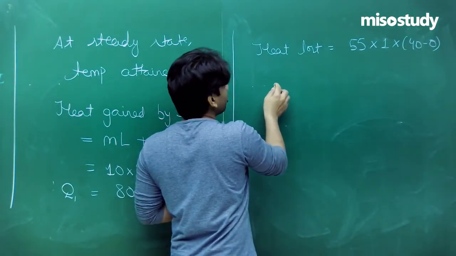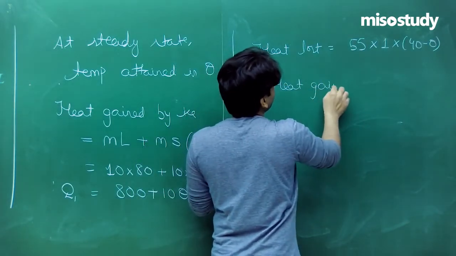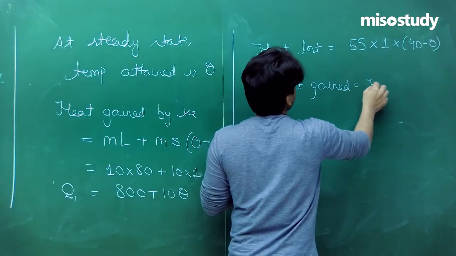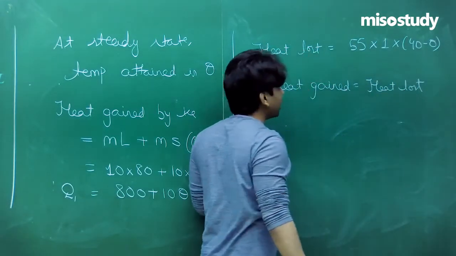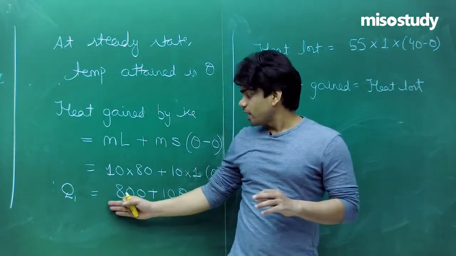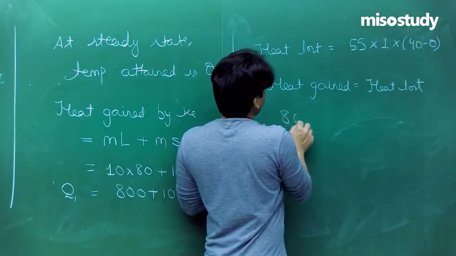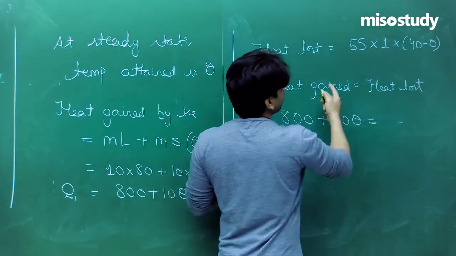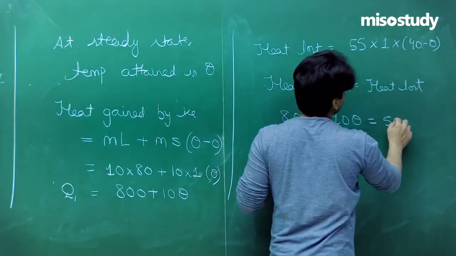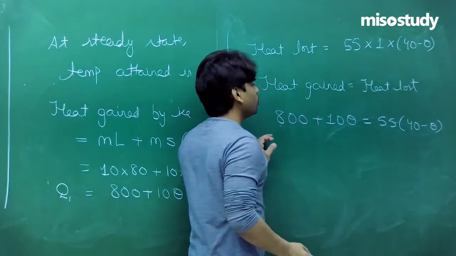Therefore, from the principle of calorimetry, heat gained is equal to heat lost. Clearly heat gained by ice, that we have already evaluated, is 800 plus 10 theta. 800 plus 10 theta is equal to heat lost, 55 into 40 minus theta. Clearly you can solve this.